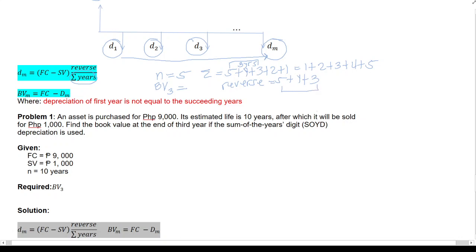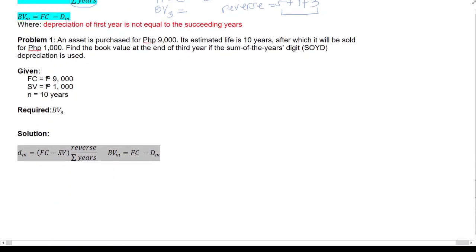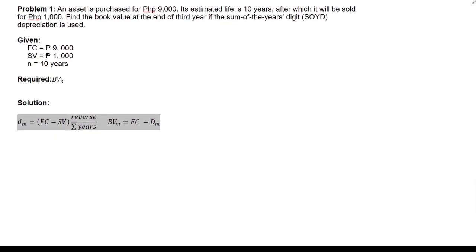Okay, so if we have here example number one, an asset is purchased for 9,000 pesos. Its estimated life is 10 years, so that is the useful life, after which it will be sold for 1,000 pesos. So that is the salvage value.